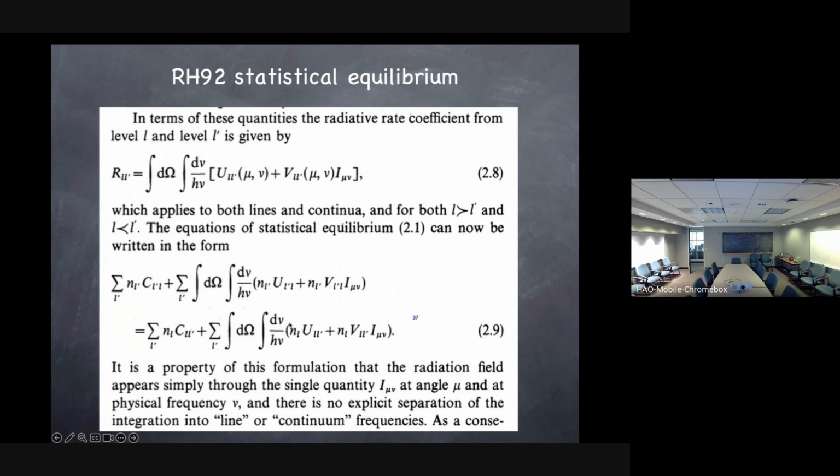The other trick they do is they rearrange the statistical equilibrium equations and say, well, when I'm calculating some of these terms, I can use the old populations I've got as a start, and then see how that works. So I know everything on the right-hand side of the equation. I don't need to linearize anything.